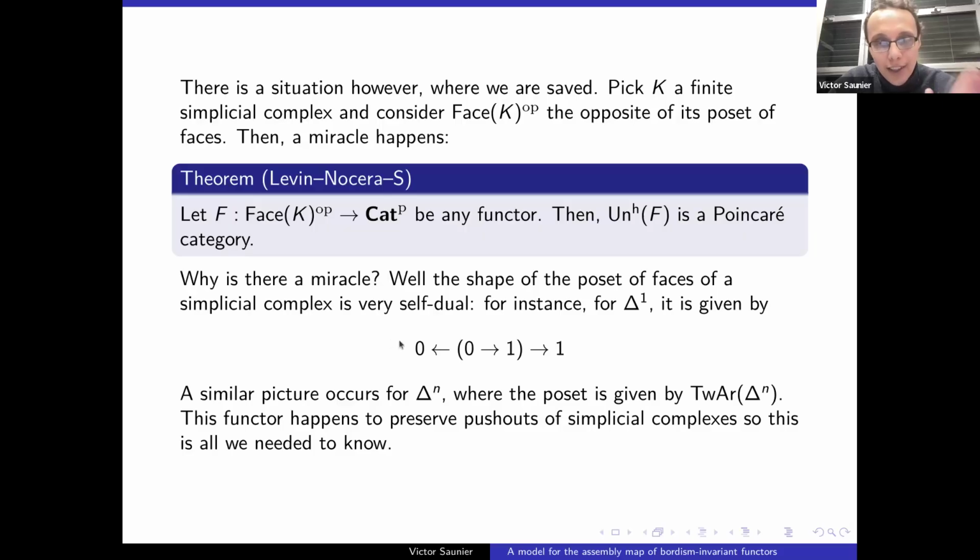And so this is something that looks like a point and two maps, so it's a cospan. And more generally, if you do this for delta n, the simplicial complex delta n, then the poset of faces is the twisted arrow of delta n. And all of these have a lot of duality, right? Because here I can just flip the 0 and the 1.